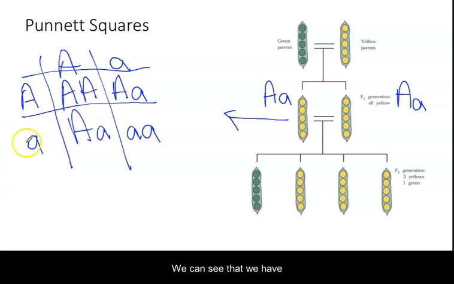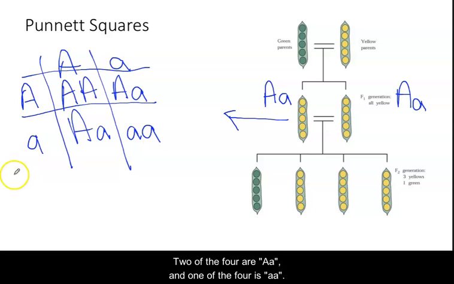So we can see that 1/4 are big A, big A, 2 of the 4 are big A, little a, and 1 of the 4 is little a.